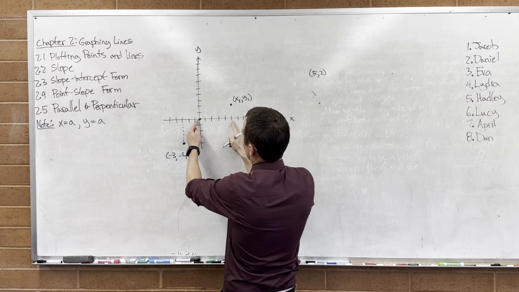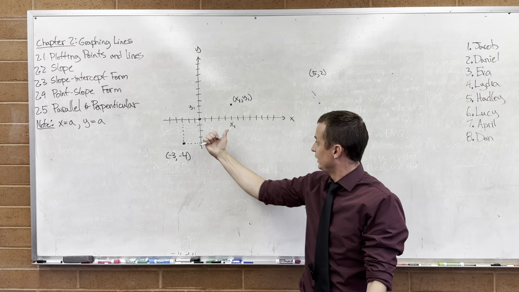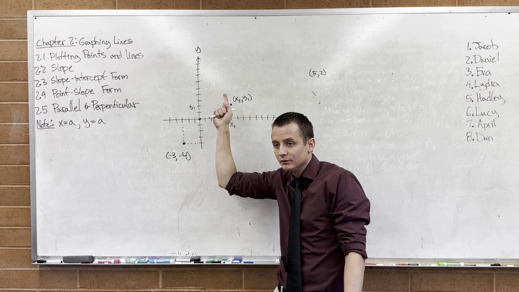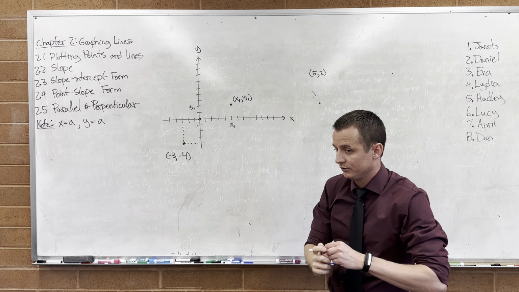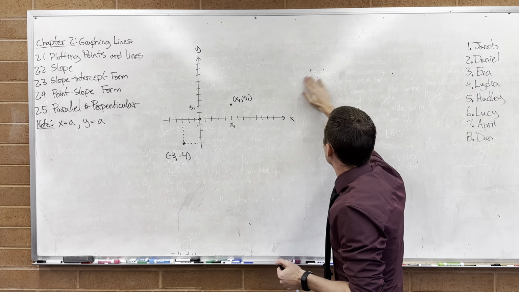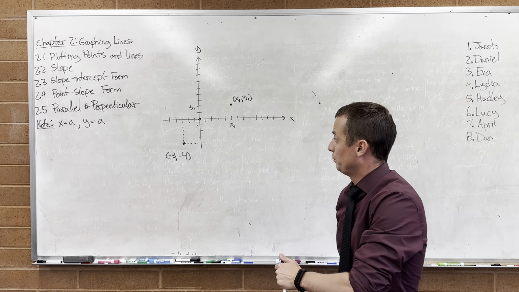So we'll use x1, comma, y1 for an arbitrary point, a point that we don't know the exact coordinates of. But what do we know? It's x1 that way and y1 that way. So that's what we use for a generic point. All right, so that's plotting points.